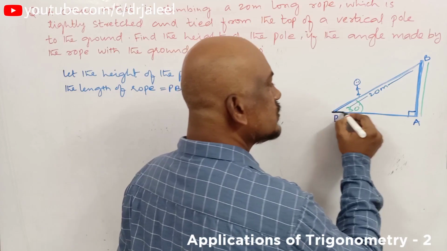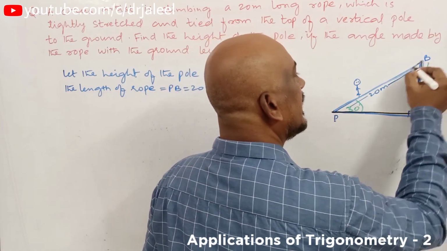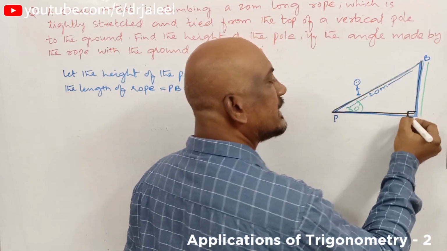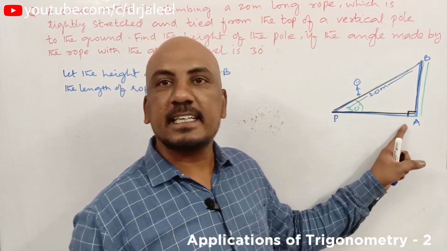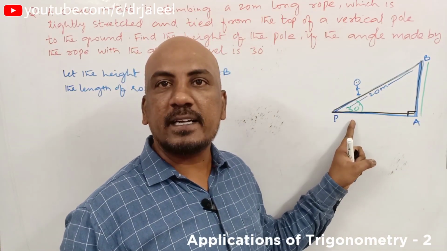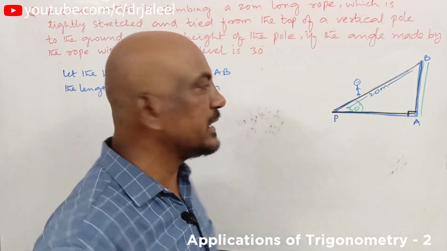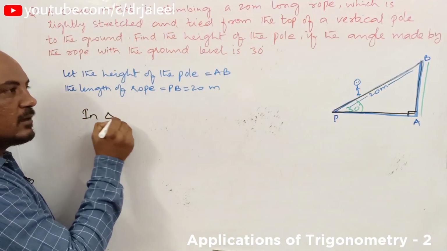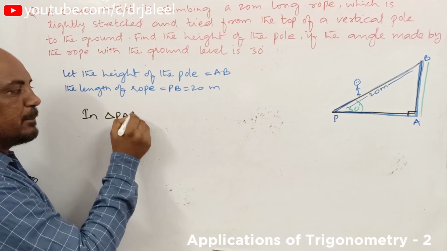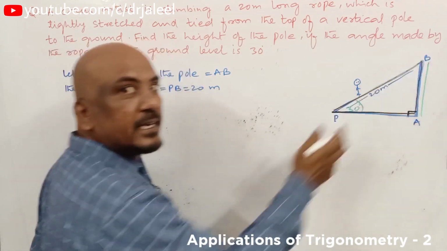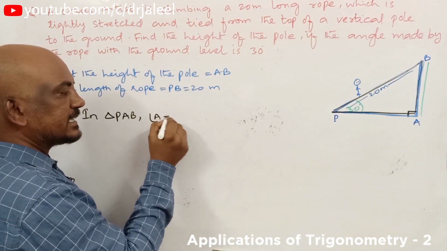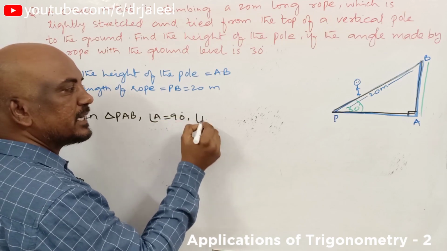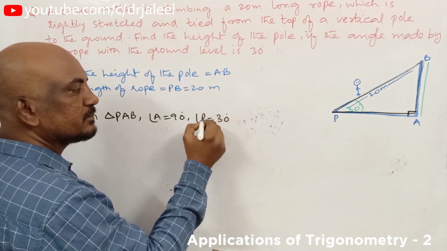So now in this triangle PAB, you find this angle A is 90 degrees and the other angle provided is 30 degrees, that is angle P. So let's present it. In triangle PAB, angle A is 90 degrees and angle P is 30 degrees.